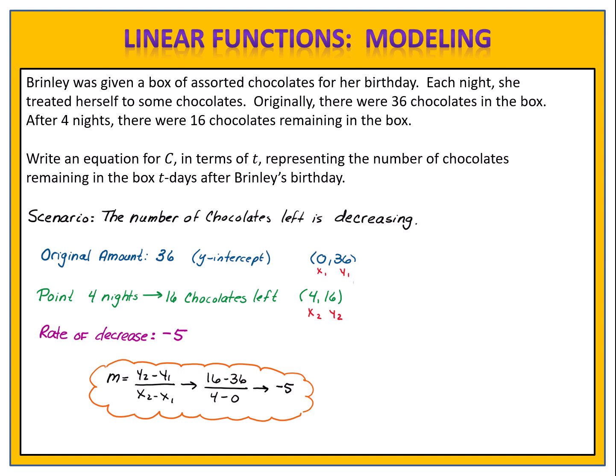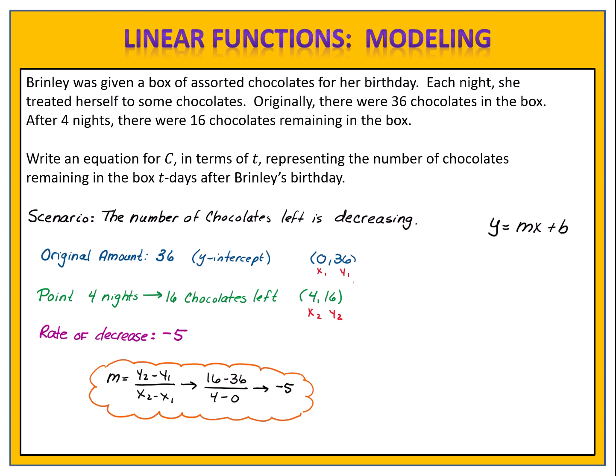We now have a rate, and we're now ready to write our equation. At this point, we can choose the form that we like the most. We have slope, we have an original amount, which is the y-intercept, which means we could use slope-intercept. We also have a point, which means we could use point-slope. At this point, it's entirely up to you.